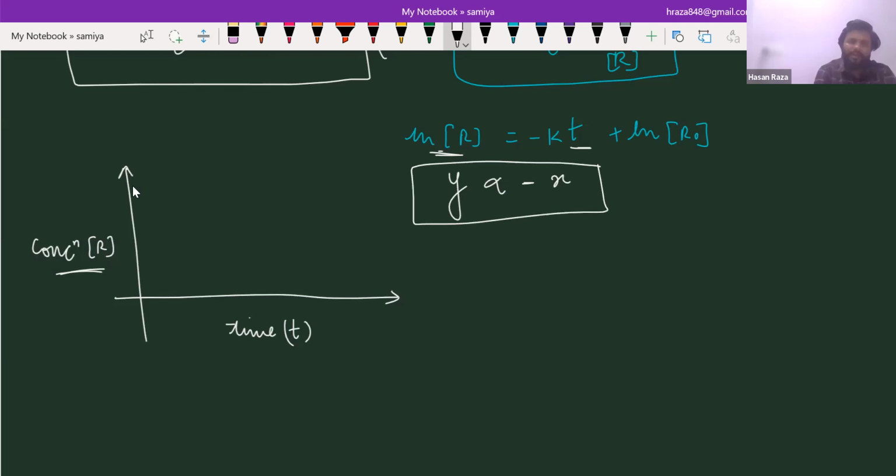So since it is negative, the graph will be in a downward direction, and this is ln R0. It is very important to note that y is equal to mx plus c, and this c is the intercept. So this is the value of the intercept, ln R0.